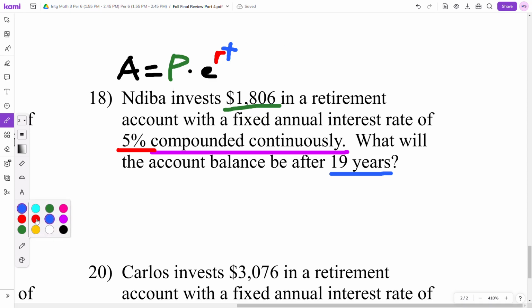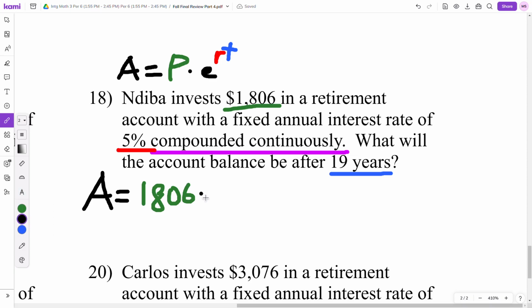Let's plug in. So we have A equals the principal, 1806, right? That's just the starting amount. Times E to the power of 5%, so that's 0.05. But that's multiplied by 19.